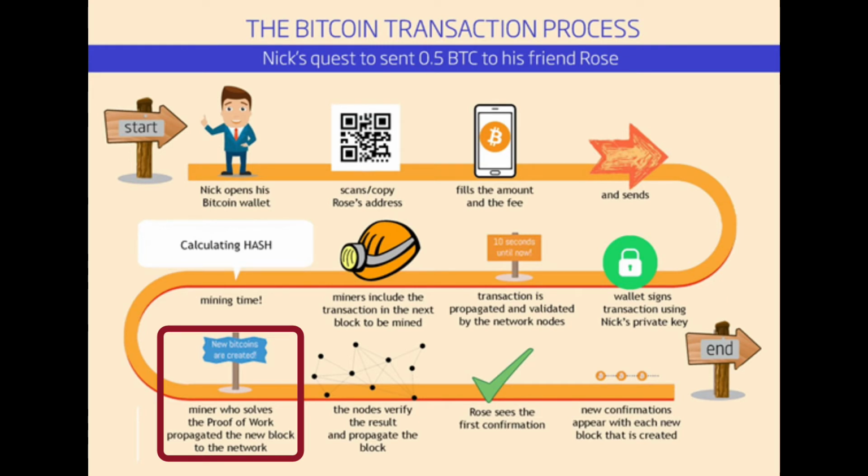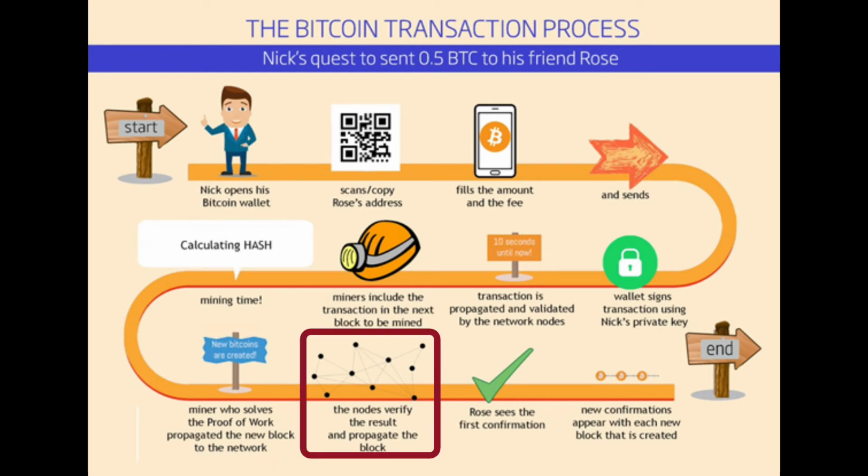So the miner who solves the proof of work is getting that. The nodes then look at that block that the miner has produced, and they're inspecting it to ensure that the contents are valid, the transactions are sound, there's no funny business going on. And again, this is all really important.